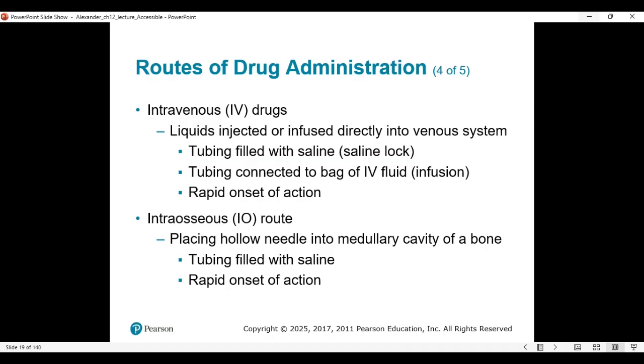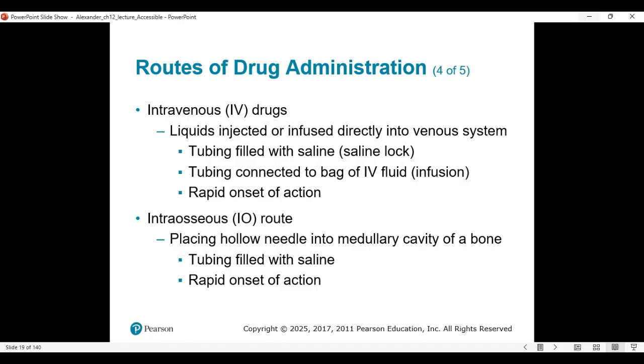Intravenous or IV drugs, they're liquids that are injected or infused directly into the venous system. We have a tubing filled with saline or saline lock, or we could have it connected to a bag of IV, which would be the infusion, and usually has a rapid onset because we're delivering it right into the bloodstream.